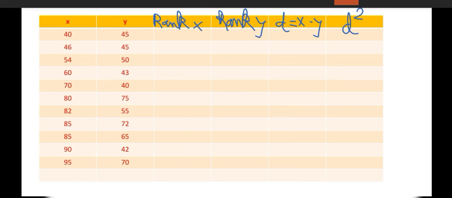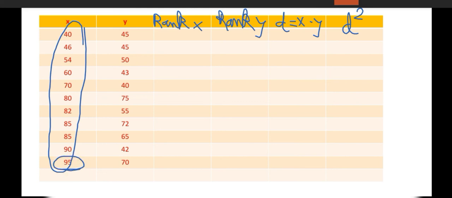So here again you need to assign the ranks, which means from all these values find out the highest value, which we can see is 95. So I'm assigning it rank 1. The second value is 90, assigning it rank 2.